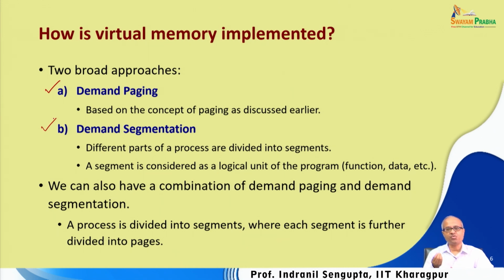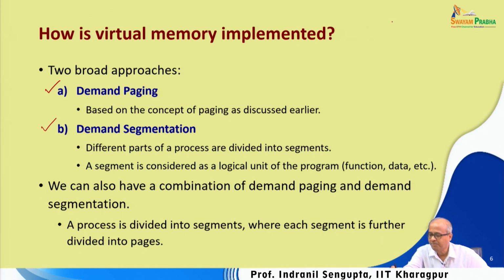Whenever those pages are required, only then we will be loading the pages in memory, otherwise we will not load. So, less memory space will be required overall. And demand segmentation is something similar, where instead of pages we talk about segments.